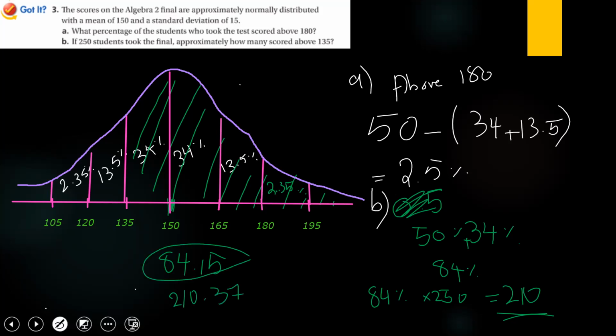If the percentage that you find is 84.15, it will be false.